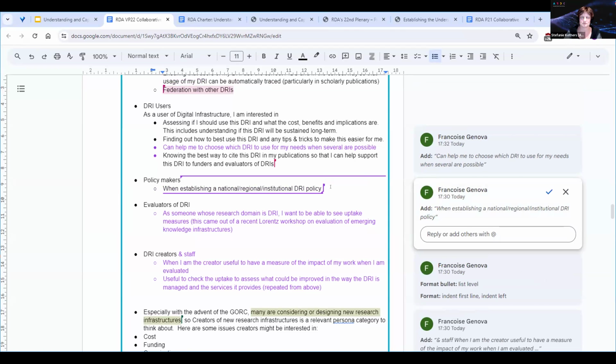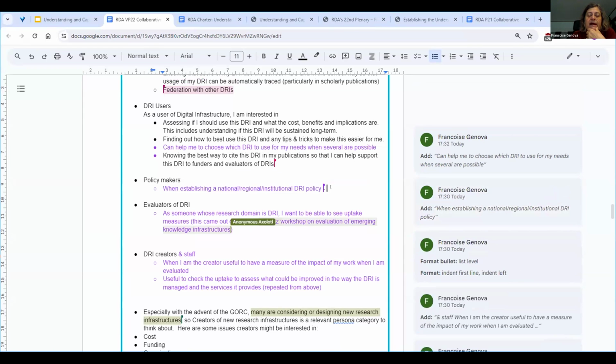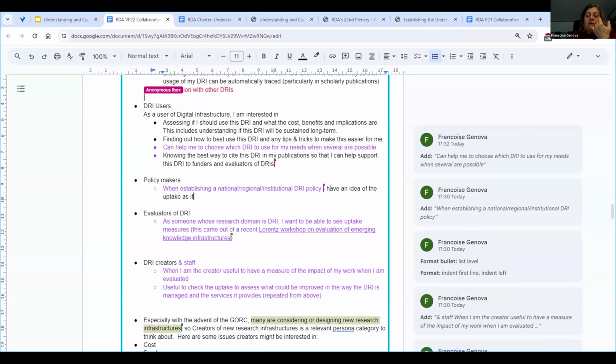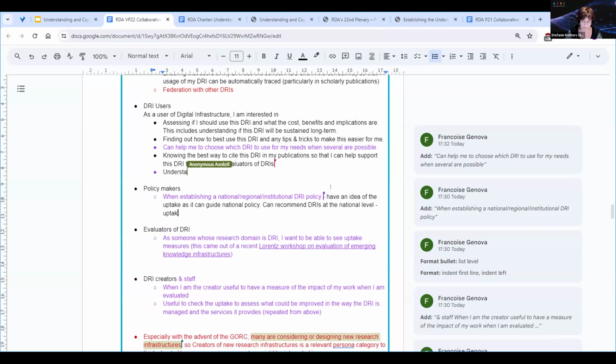So I think that it's useful to have an idea of the uptake because it can guide the national policy of which, at the national level, you can recommend DRAs, and to have an idea of the uptake can help you to select the DRAs you recommend and to support the DRAs you think are important and the uptake does not look sufficient.